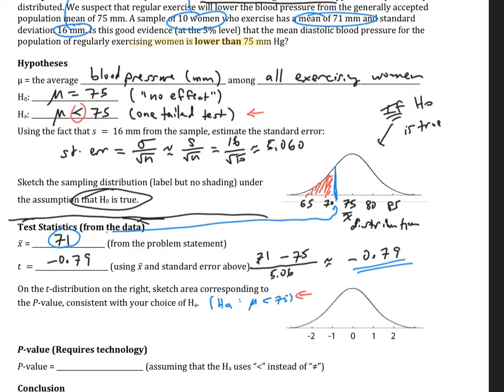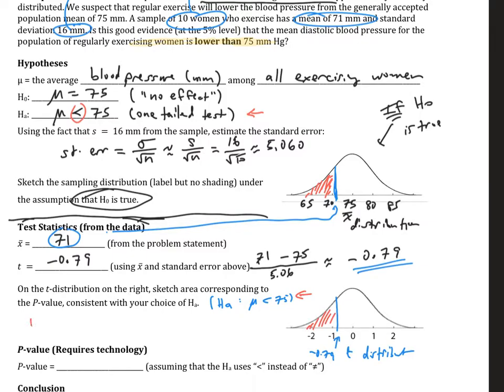If I transfer that picture down here on the t-distribution, then this t-value, negative 0.79, would fall in the same position relative to this curve that the 71 was on this one, and my shading would still be to the left.